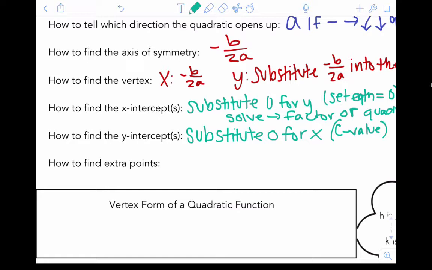Now, how to find extra points? You're going to choose values for x, and you can do that by looking at your graph and seeing where you need some points filled in.